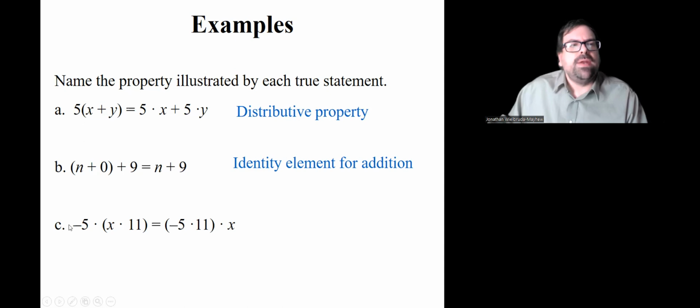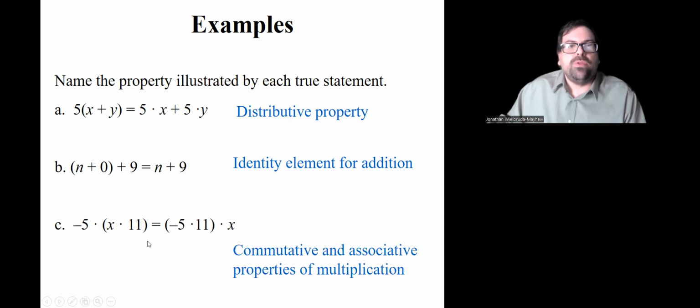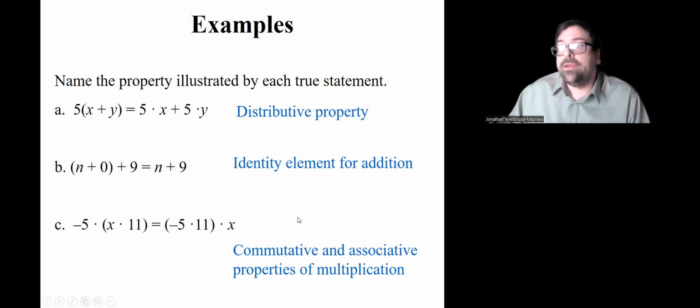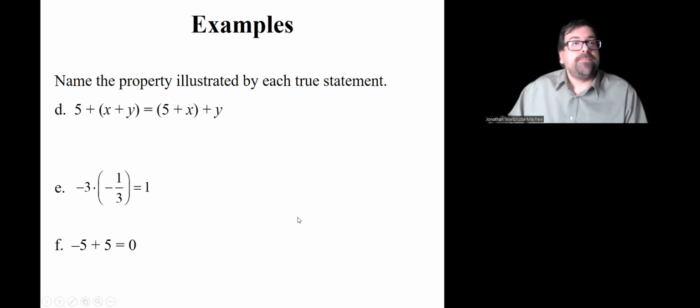If we did, we would have -5 times x in parentheses, not -5 times 11. That means first we moved these two around using the commutative property, and then we regrouped using the associative property. So this is both the commutative and associative properties of multiplication at play. 3 more of these.